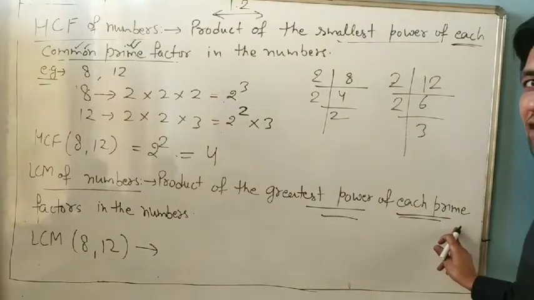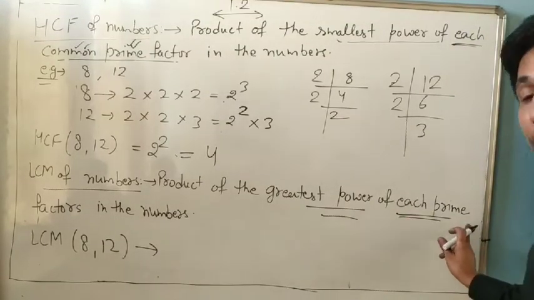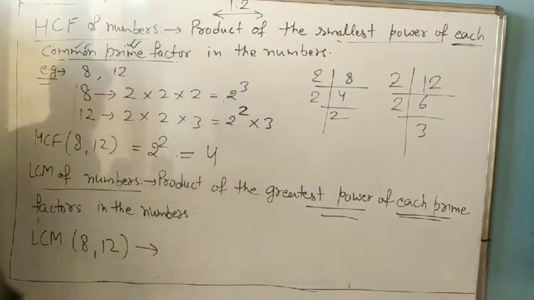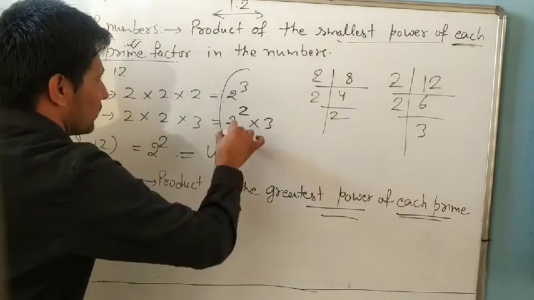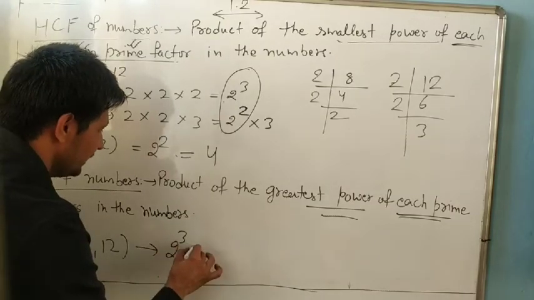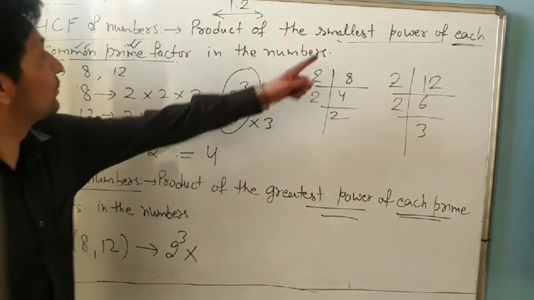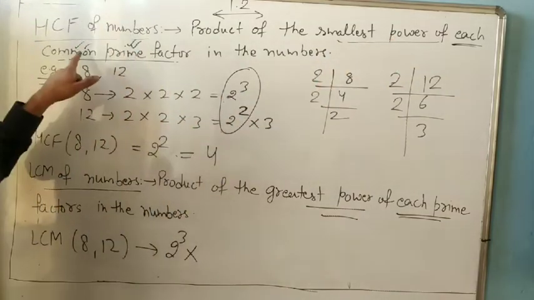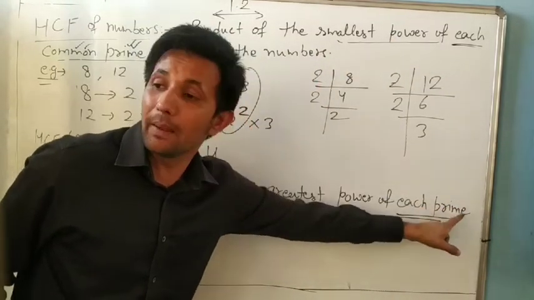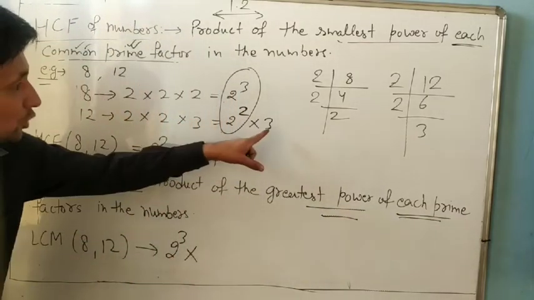Here we need not check for common. We will check the greatest power of each prime factor. So in HCF we look at each common one, which is the highest? To the power 3. In HCF we find only common, but here it is each prime. So each prime, so 3.